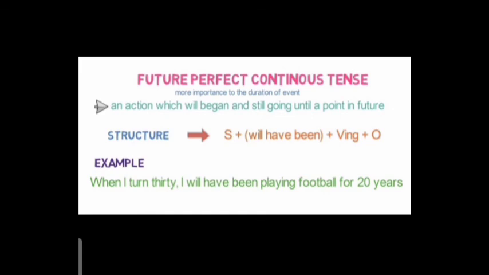For example, when I turn 30, I will have been playing football for 20 years. Here, the event of playing will continue until another event of my turning 30 comes, eventually giving more importance to the duration of time.